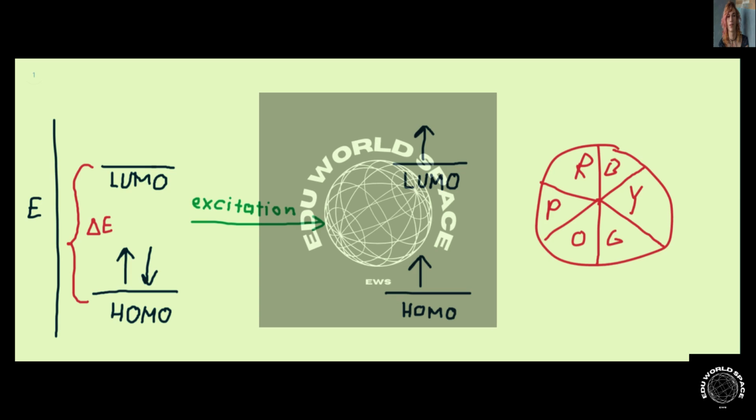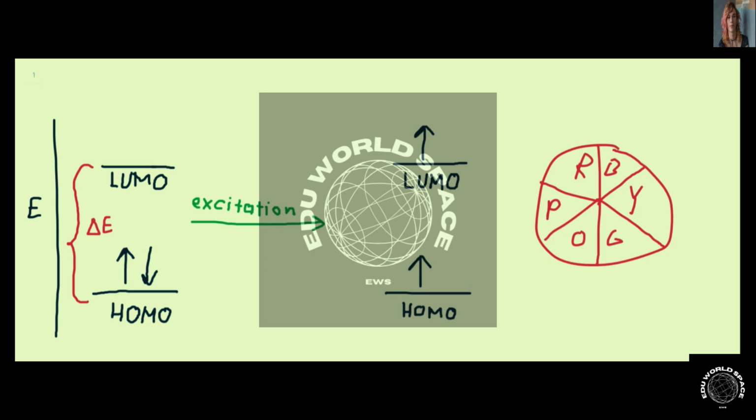Now, when we talk about light, we are talking about a specific process. Electrons can go from a lower energy level to a higher energy level if they're being excited, given energy. That's by definition excitation, and they can be excited by light. If we shine a light on something, that's going to excite our electron from our HOMO to our LUMO, so we have a certain absorption of light.